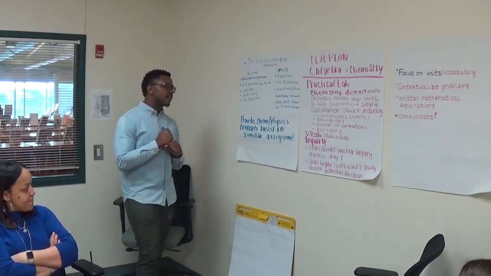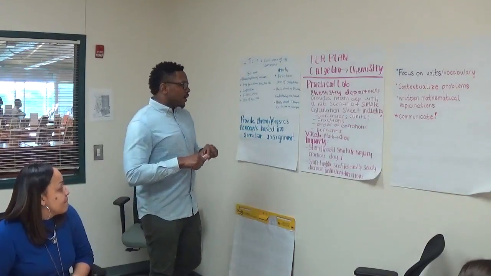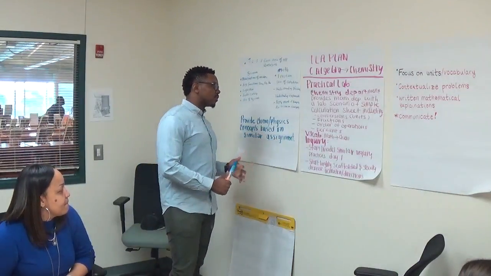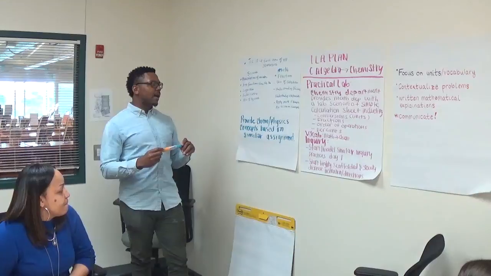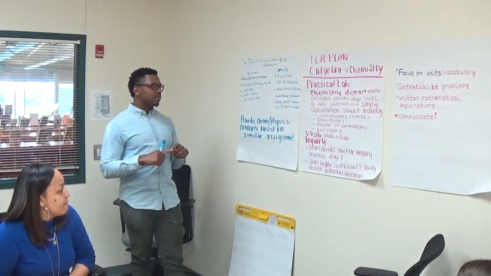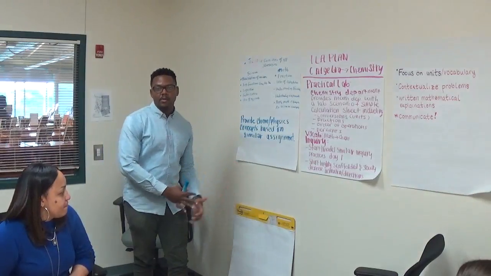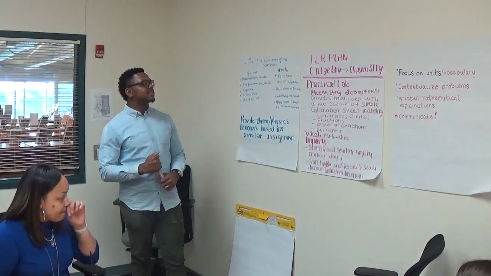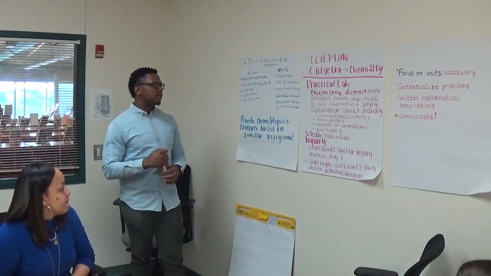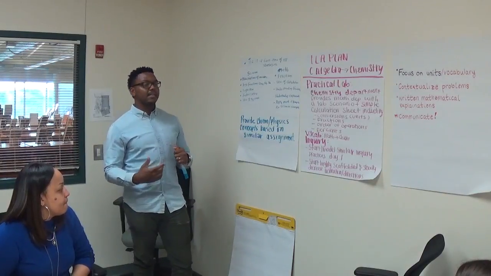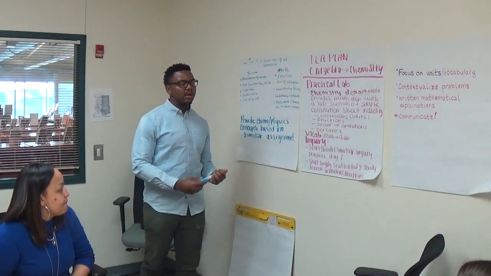And then the last thing, inquiry. One thing that we can both start doing is really starting to model similar inquiry practices day one. When the content is really easy, start incorporating the scientific stuff in the math class earlier.